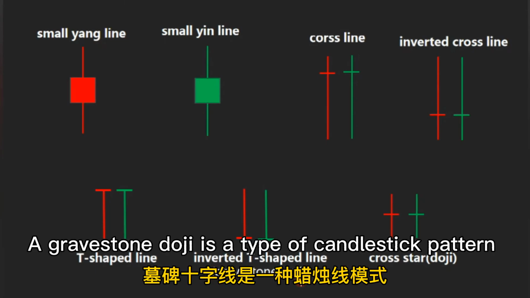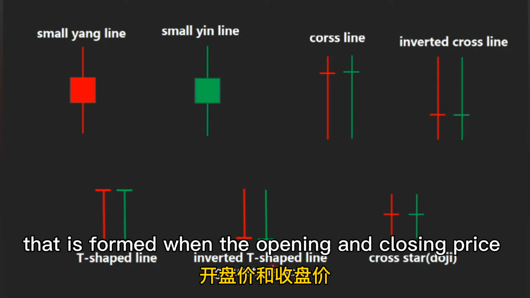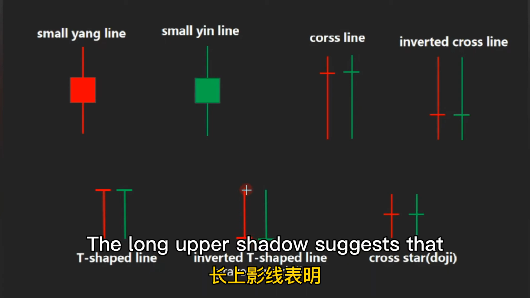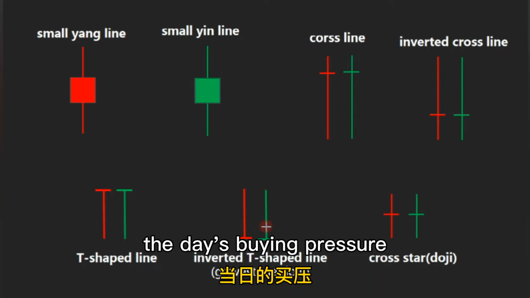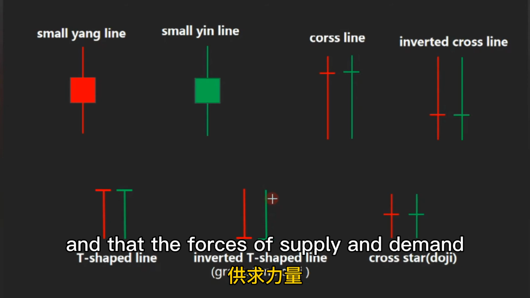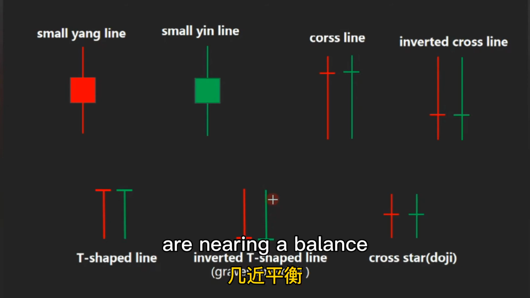A gravestone doji is a type of candlestick pattern that is formed when the opening and closing price are equal and occur at the low of the day. A long upper shadow suggests that the day's buying pressure was countered by the sellers and the forces of supply and demand are nearing balance.